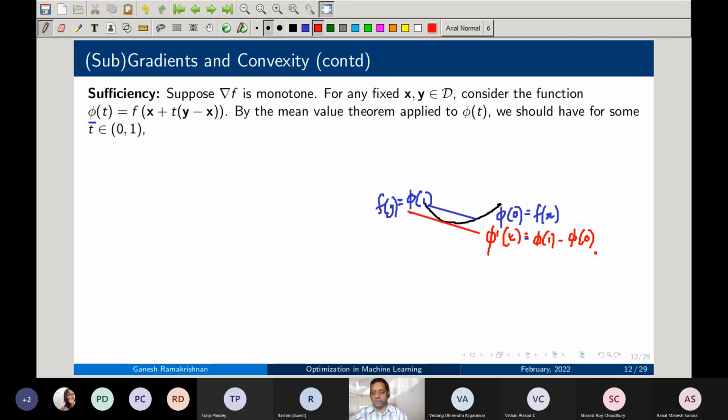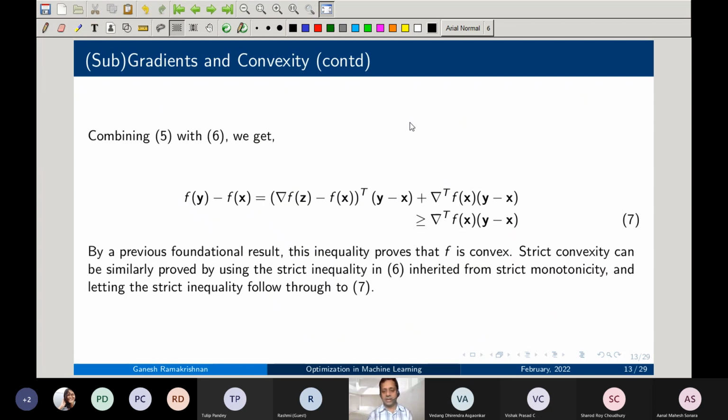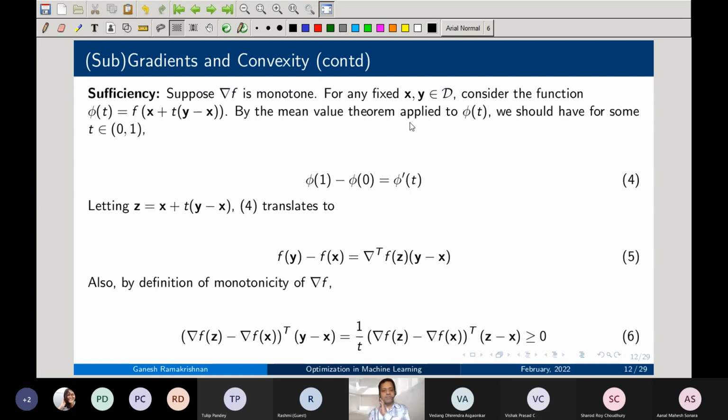That's why this result was there, because this dot product corresponds to the phi dash t in the mean value theorem. The rest is all here, I'll not spend more time.